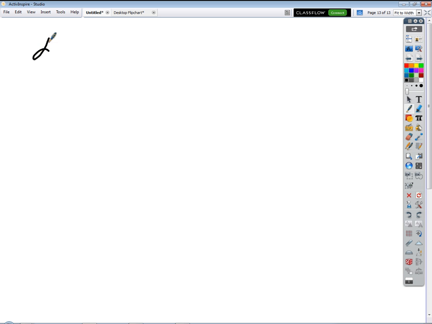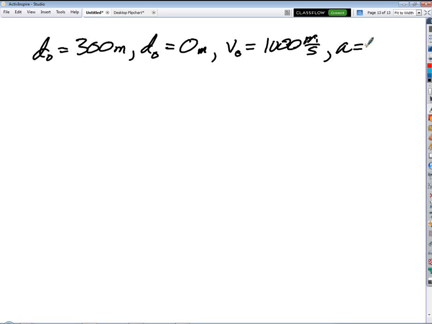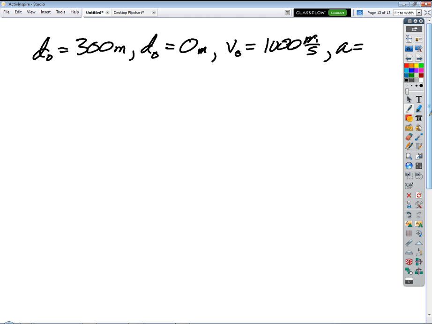that the initial position, wasn't it 300? The final position is 0, and the initial velocity was 1,000. And the acceleration is, let's make things a little bit easier. Should we just say it's 10?